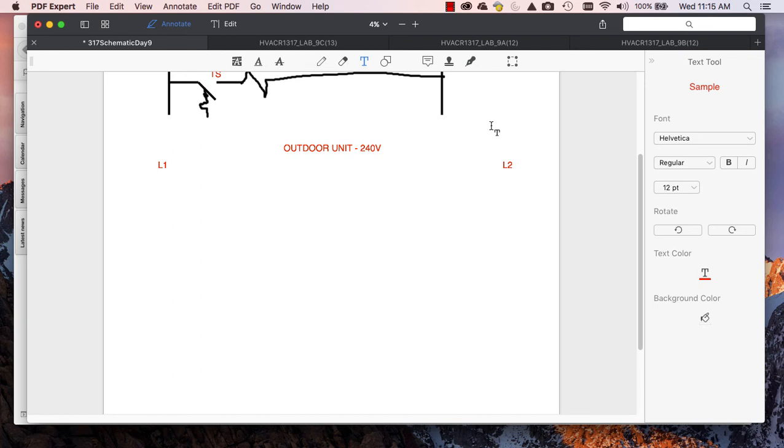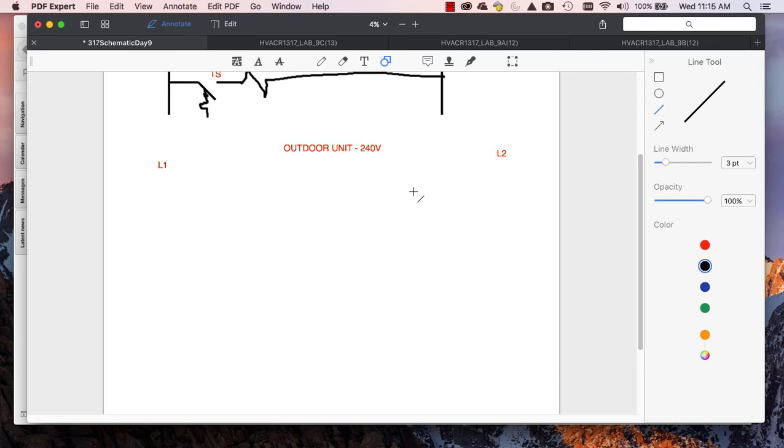I'm going to go ahead and, first of all, move that one up. And I'm going to put my ladder in first, okay? So again, I want to put my rails in for my ladder diagram.